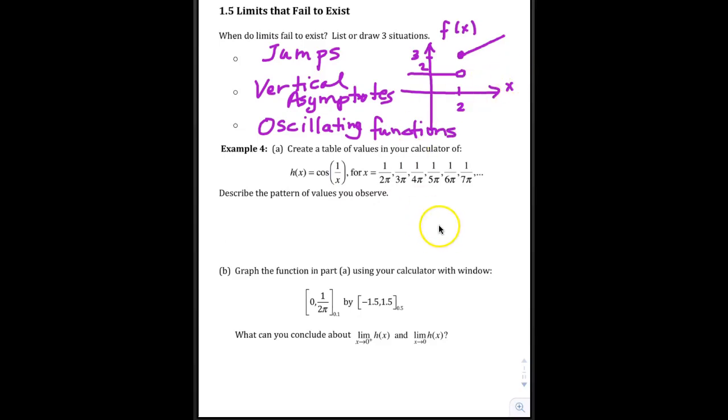What I'd like you to do now is take out your calculator and put cosine 1 over x in your calculator, then go to the table and we'll figure out a pattern that we observe.